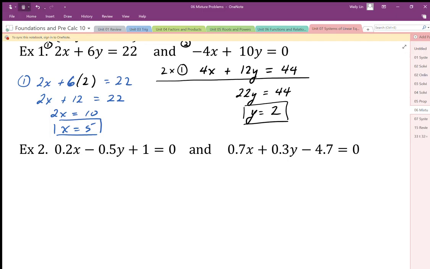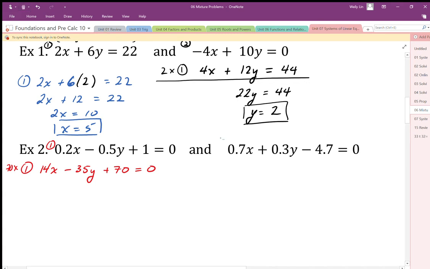This one's a little bit more involved, so I'm going to take equation 1 and multiply it by 70. So I end up with 14x minus 35y plus 70, and make sure that you are multiplying everything.